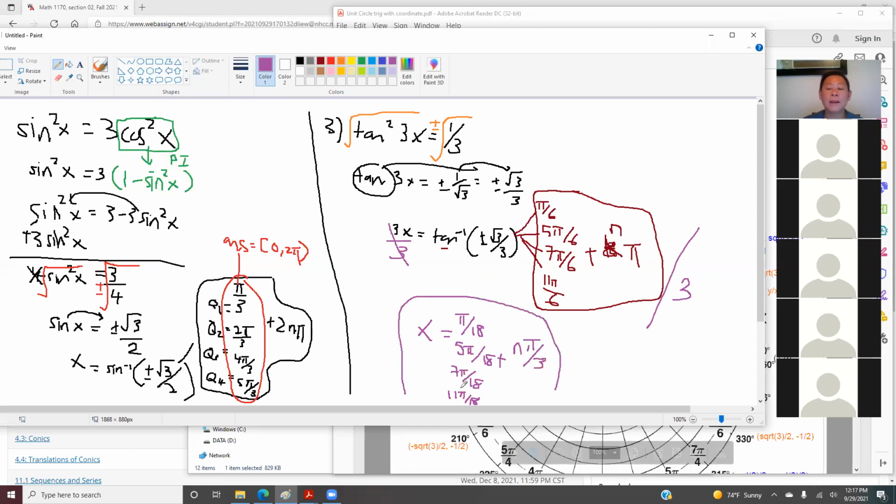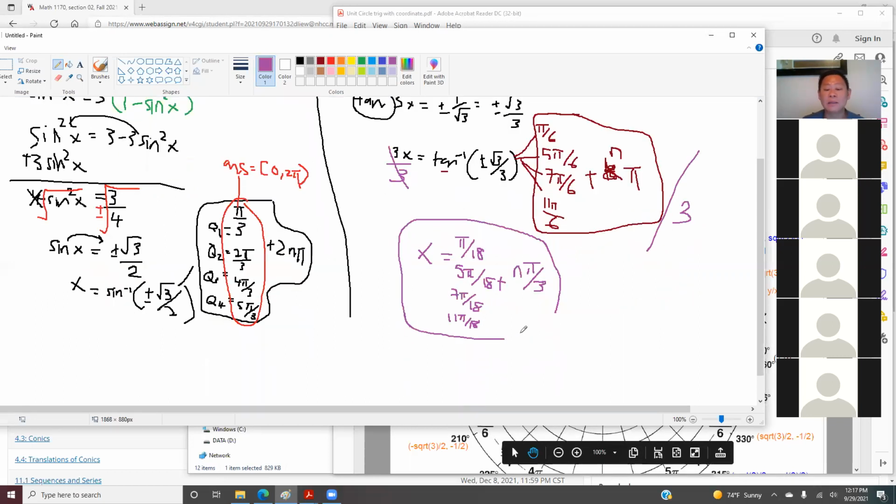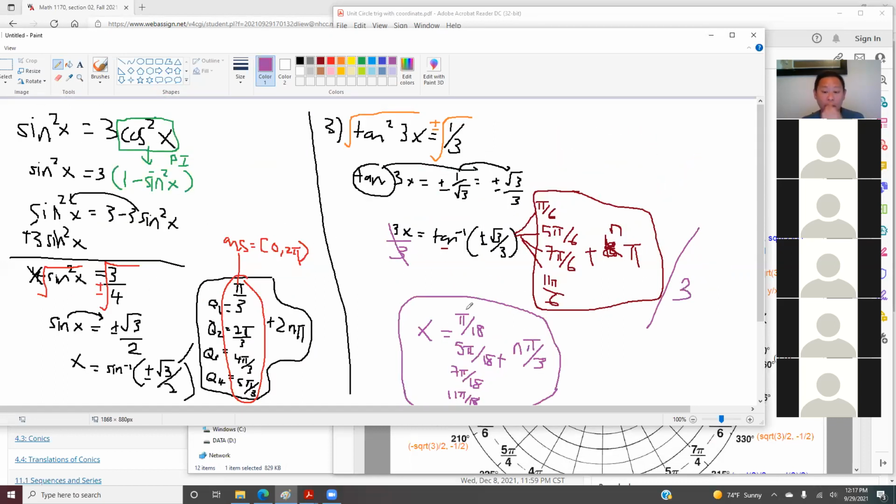Do not forget that this n pi has to be divided by 3 also. So this will be your answer for question number 3 here.